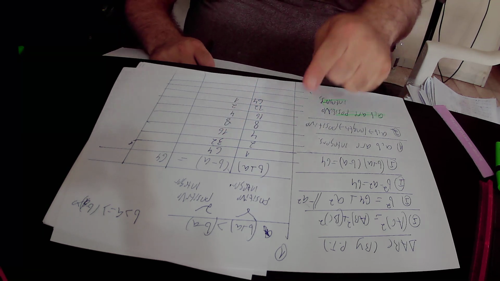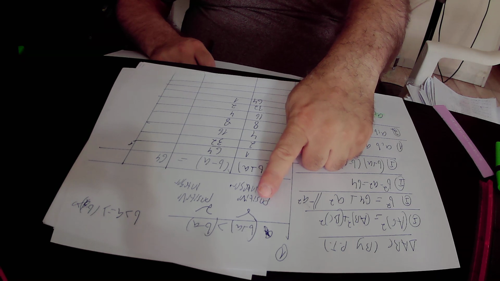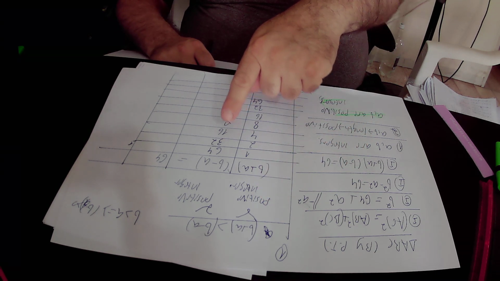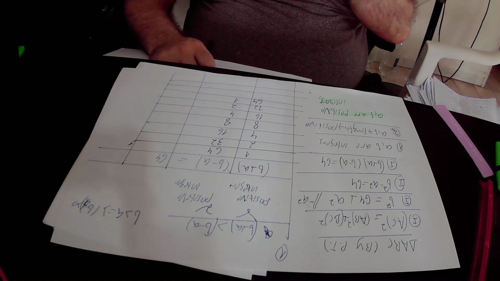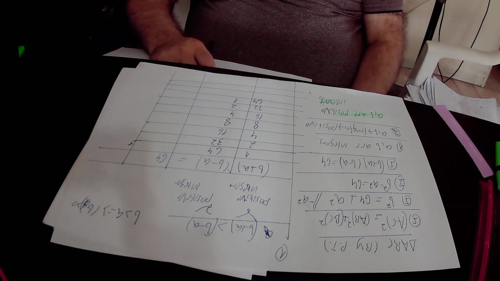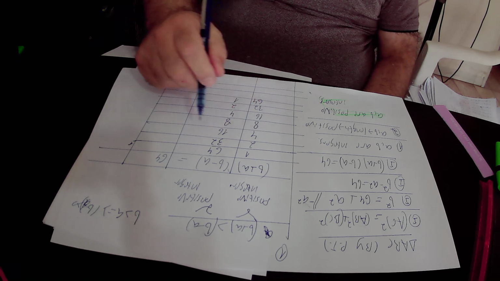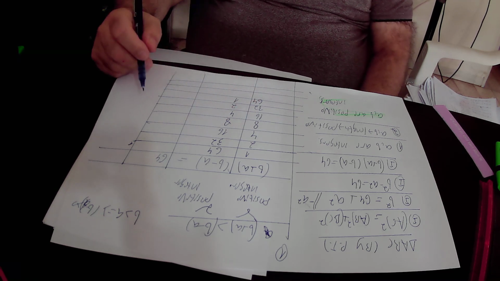And according to this inequality, the first column must be greater than the second column. So we check which options give us that the first column is greater than the second column.